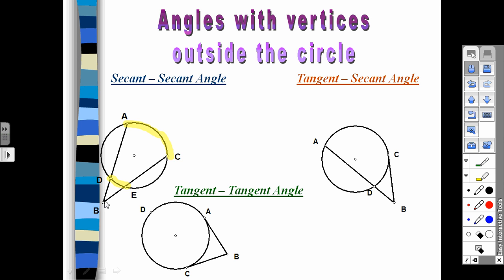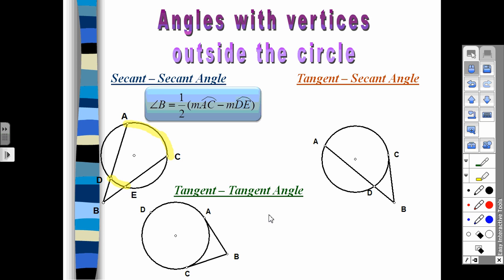So what we're going to do to figure out the measure of angle B is we're going to say that angle B is equal to 1/2 the difference of these arcs. So you're always going to take the larger arc and subtract the smaller arc. So in this case, that was arc AC minus arc DE.